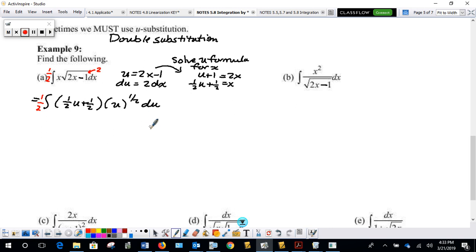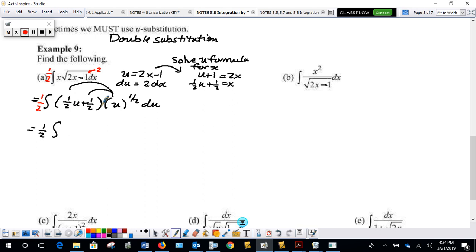Now, the reason this double substitution works is because I can't distribute the x into here because of the power and the sum, because powers don't distribute over sums. But when I rewrite it like this, do you see how I have a sum, no power, and I have this? So the technique is that after you do this step, then you distribute.